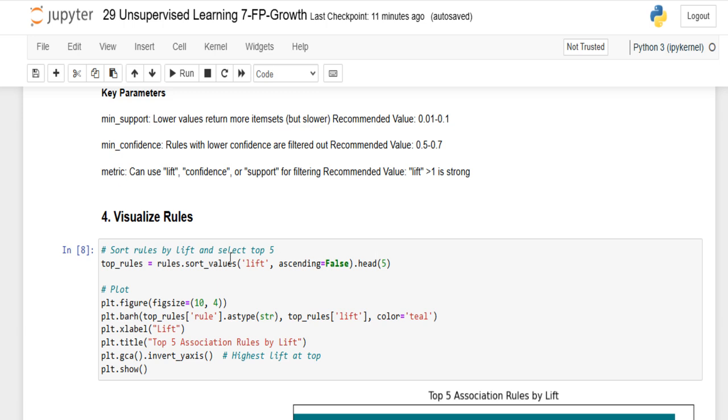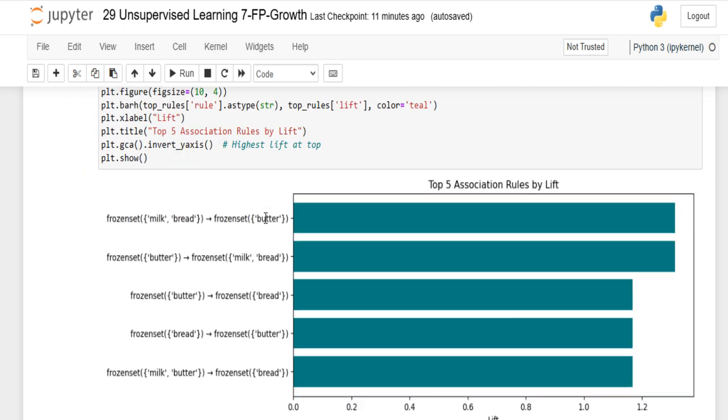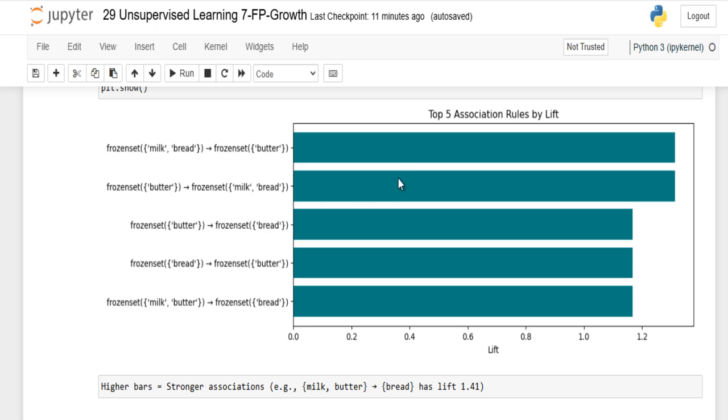Okay, so we can visualize these rules by plotting a bar plot here. You can see the top 5 association rules by lift: 1, 2, 3, 4, 5. Higher bars mean stronger association. We have milk, butter to bread, which has a 1.4 lift.